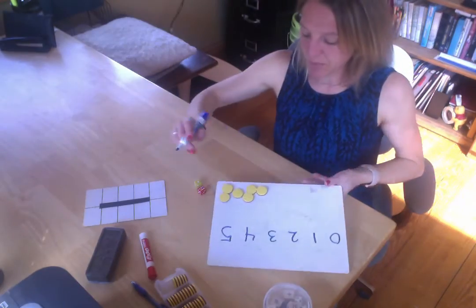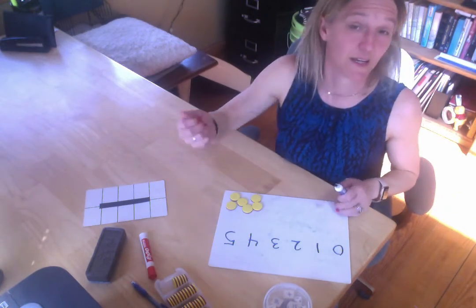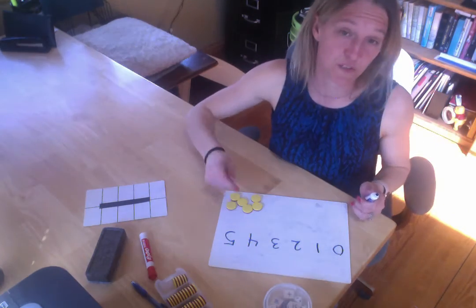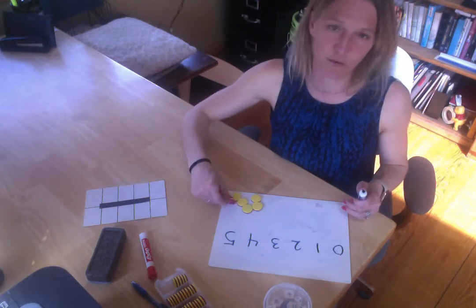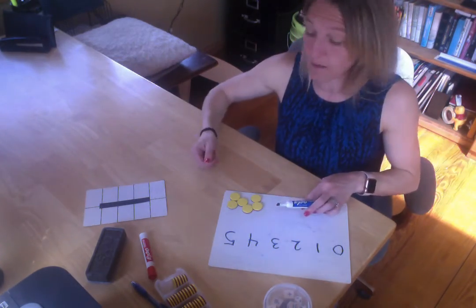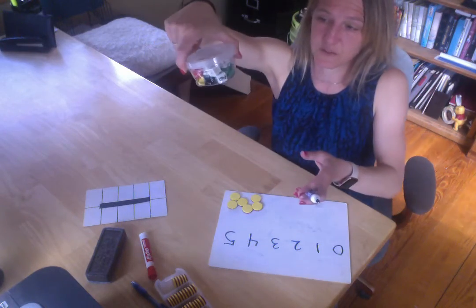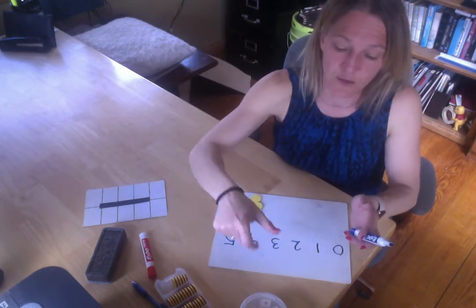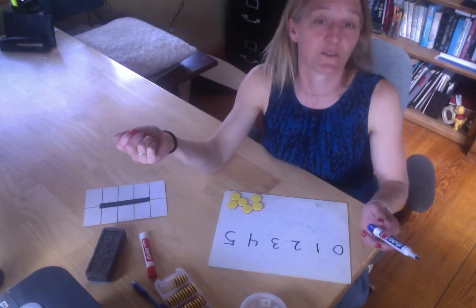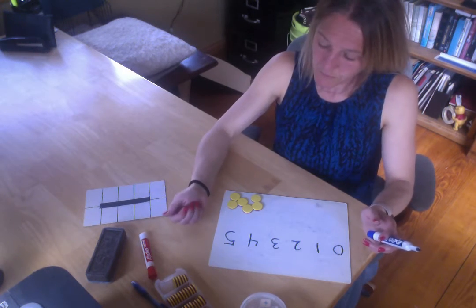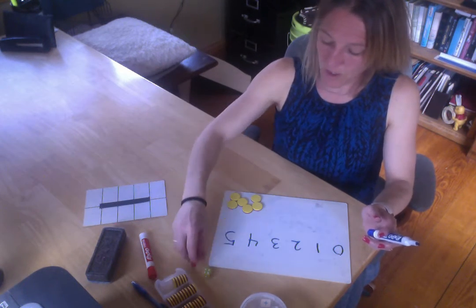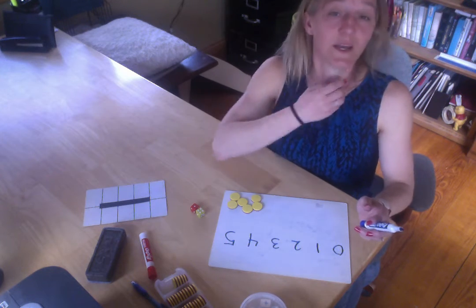Okay, let's practice. And again, you can use your fingers. You can use counters if you have counters at home. They don't need to be these kind of counters. They can be anything. I have a whole pile of dice here. You could use anything that you have at your house that you have 6 of. That's all you need. Okay, so I rolled and I got a 4 and I got a 1.